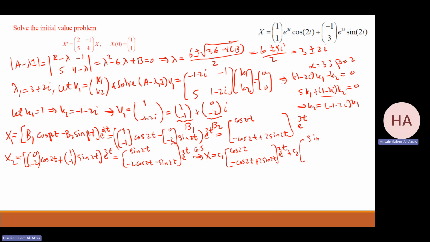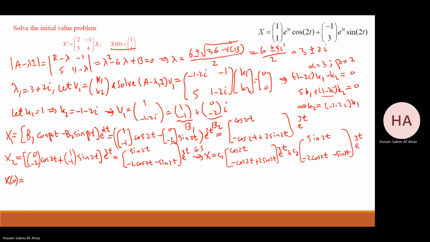Sine 2t minus 2 cosine 2t minus sine 2t e to the power 3t. Now I need the condition to find C1 and C2. Okay, let me try to squeeze it here.